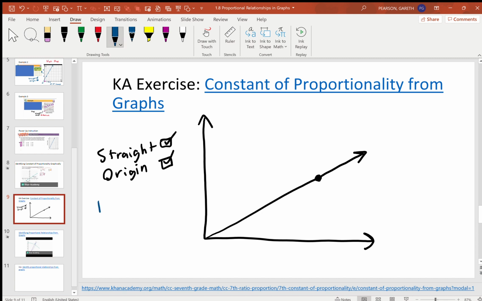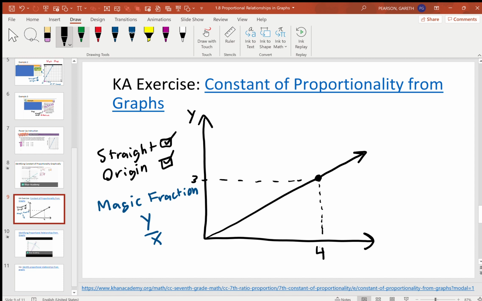Simple, the magic fraction. For the magic fraction, which you should always remember, y over x. Let's say that for this point that I chose on the line, this is 4, and this is 3. So let's say this point is at 4, 3. And always remember, the axis that goes up and down is the y, and the one that goes left and right is the x.